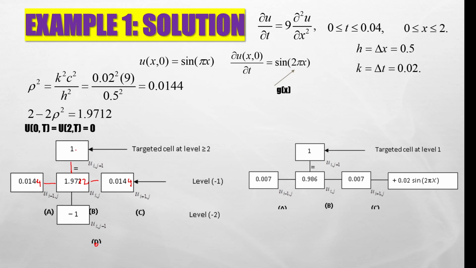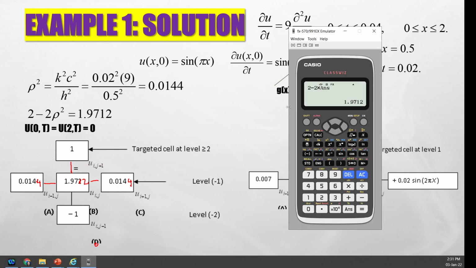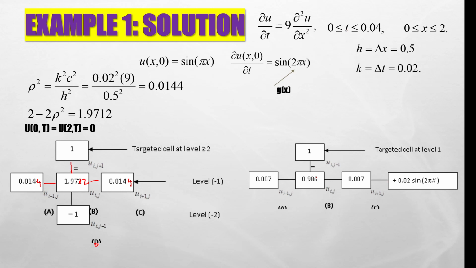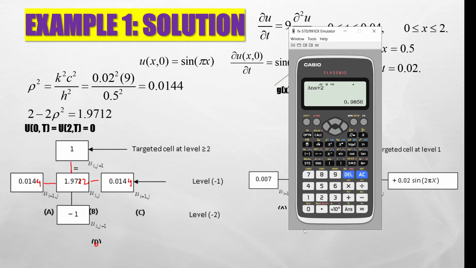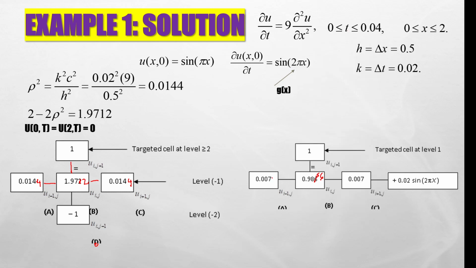The molecule for level 1 is actually half of the middle level coefficients, so you divide by 2. 1.9712 divided by 2 is 0.9856, so you change this to 0.9856 using 4 decimal places. And 0.0144 you divide by 2, you get 0.0072.